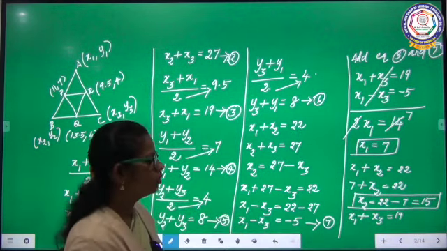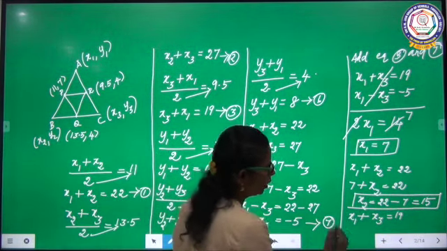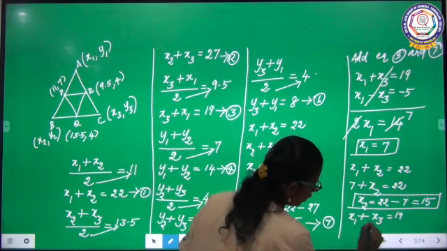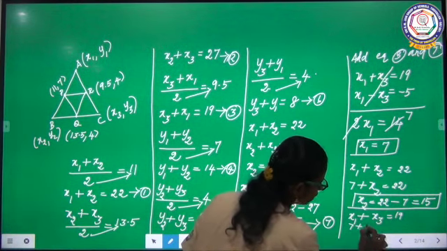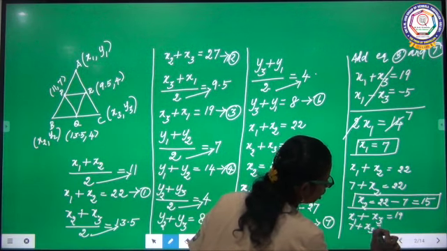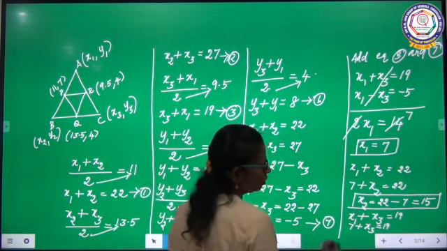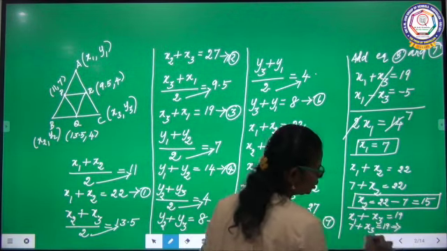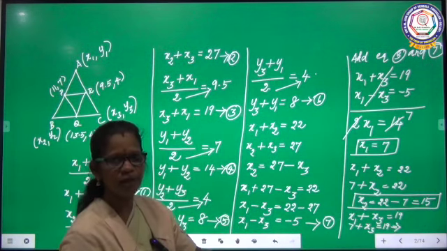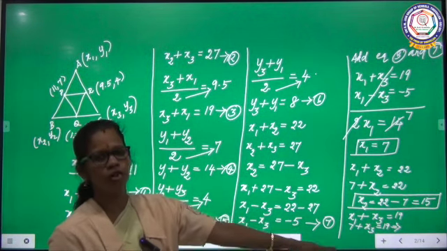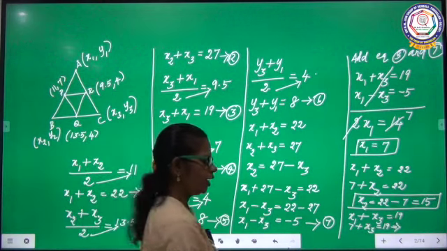x2 equal to 15. x1 I arrived as 7. So 7 plus x3 equal to 19, which implies x3, you keep it in the left, the 7 you shift to that side, what you will get? Negative.